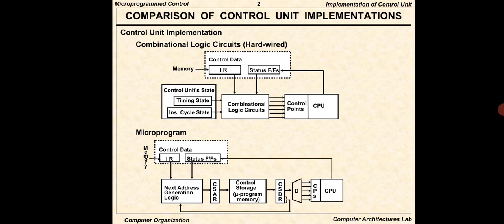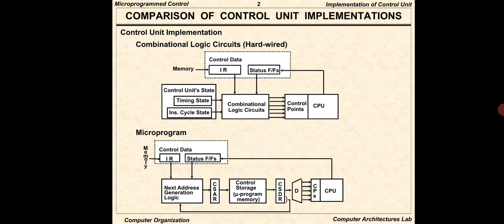Once the data is ready, it is given to the control points, and from the control points it generates the control signals to the CPU. Based upon those control signals, the CPU processes the data, and the resultant data status is given to the status flip-flops.